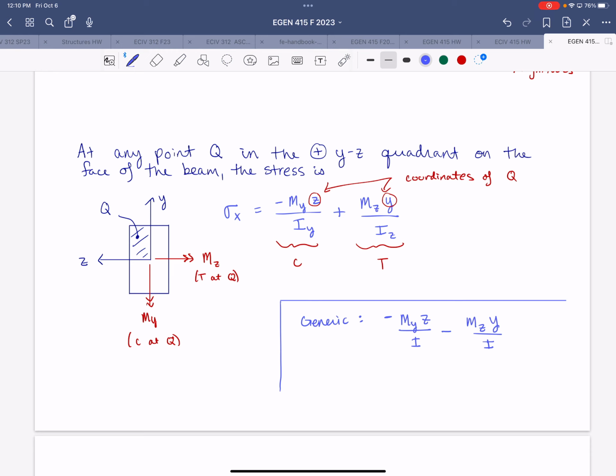So the sign convention would be for positive Mz with the double arrows to the left, and positive My with the double arrows down.